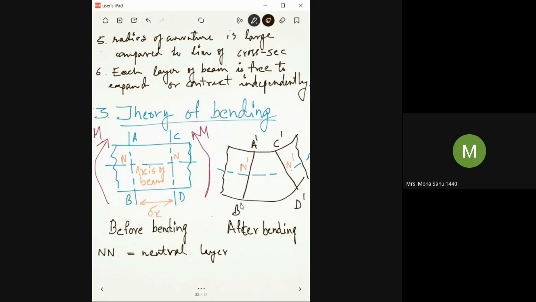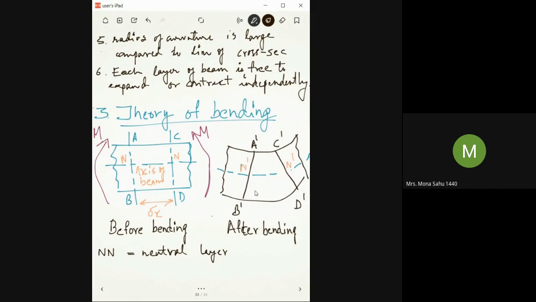All the layers above the neutral layer will get shortened.